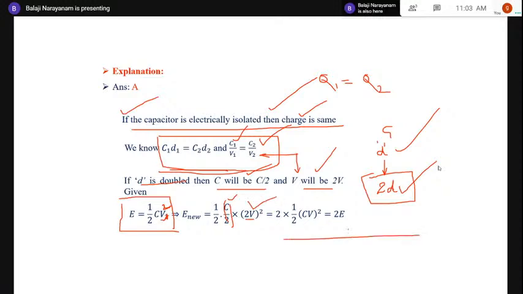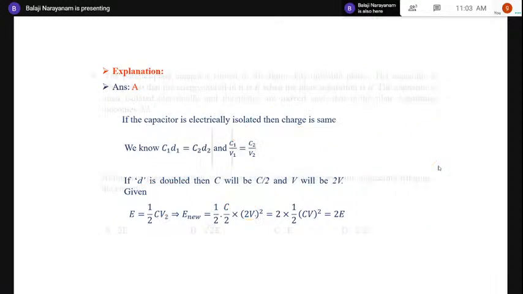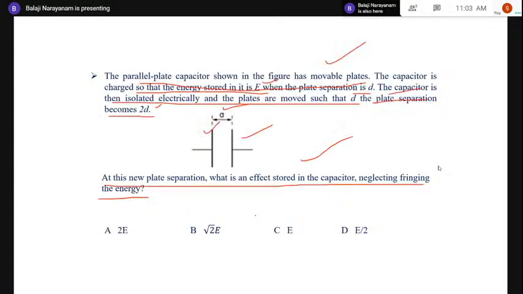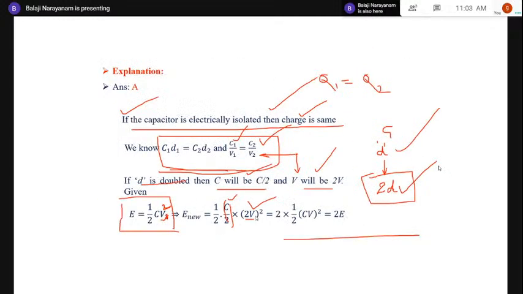As a result, you get 2 square, 4, 1 by 2 and C by 2, and you got the answer as this.